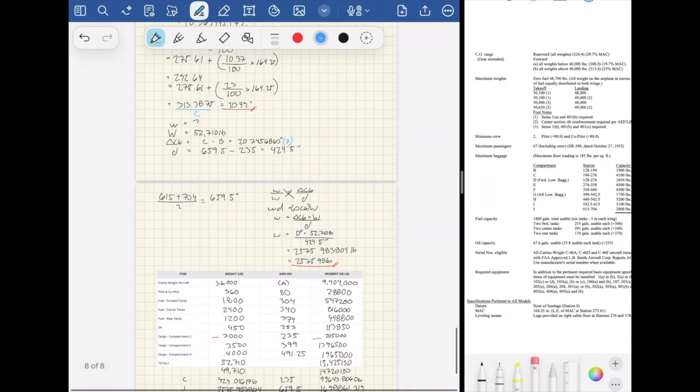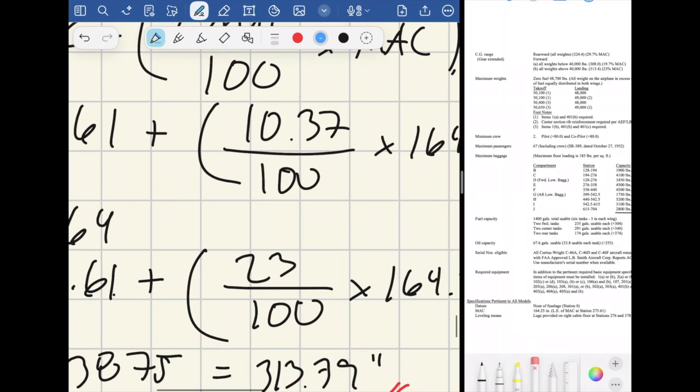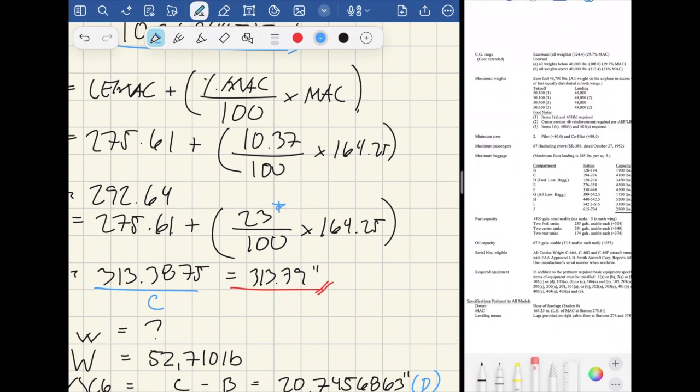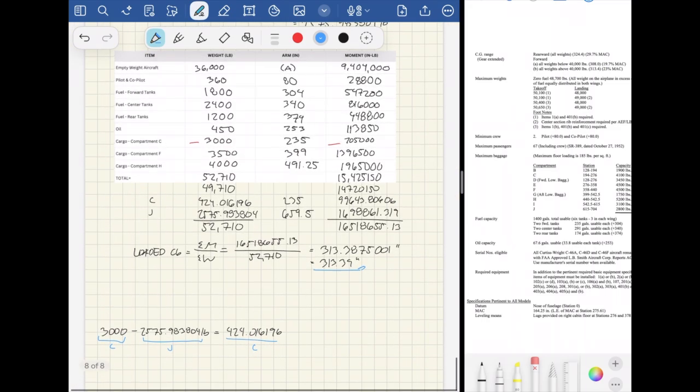And ito yung lumabas sa ating na-computed nung ginawa nating 23%. Here, ito, 23%. Ang ating percentage mark. Naging 313.39 din yung ating center of gravity or yung CG. So, this means na tama ang ating ginawa and pasok.